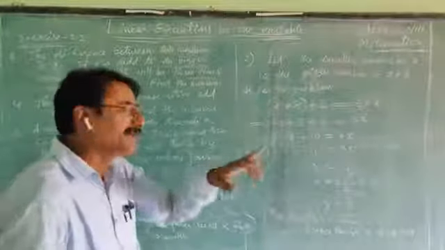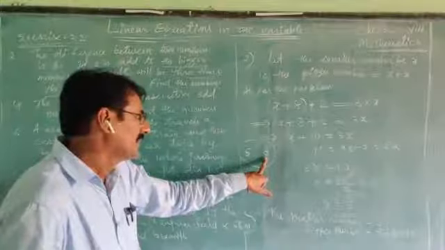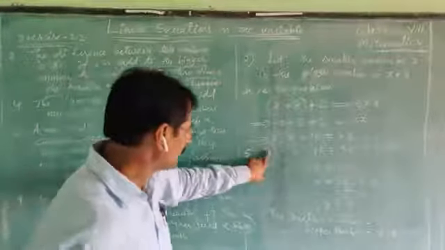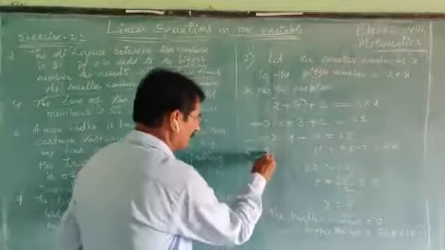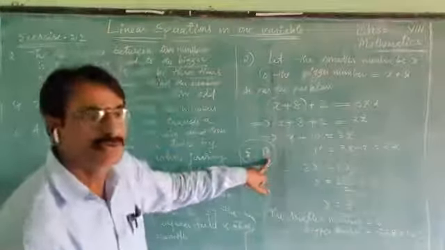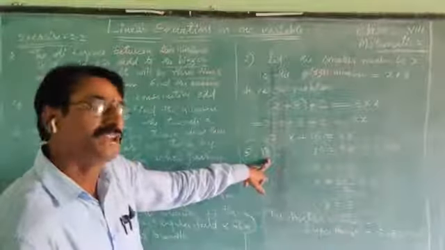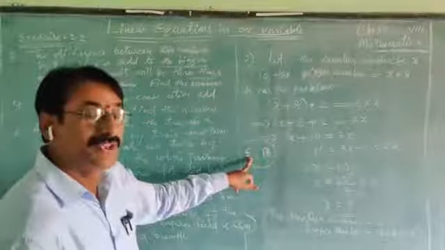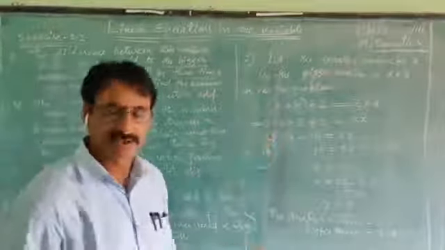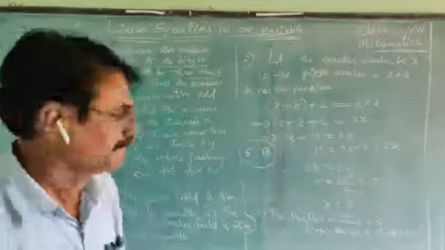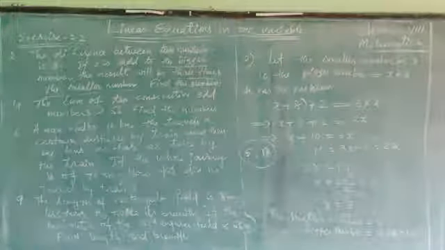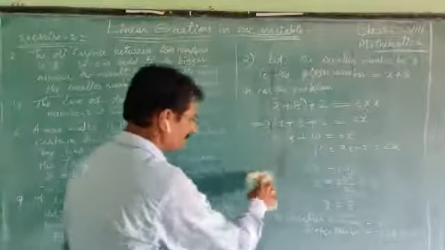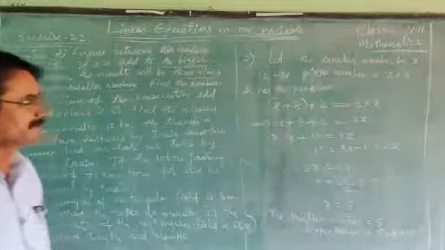If we add 2 to 13, we get 15. 15 is 3 times 5. So these are the correct numbers. Do you understand that one? So this one is over, the solution of that sum.